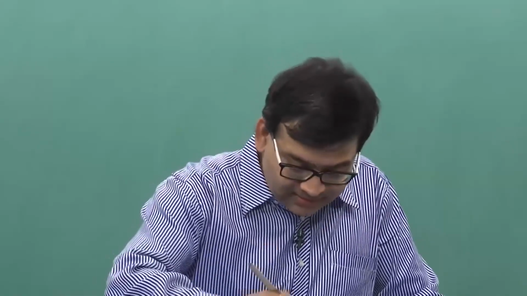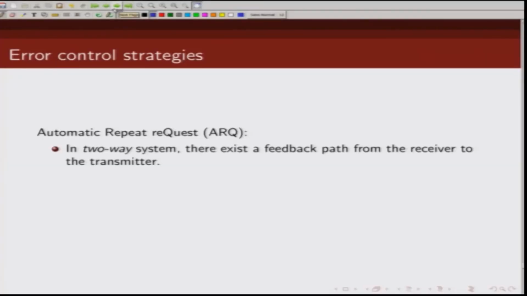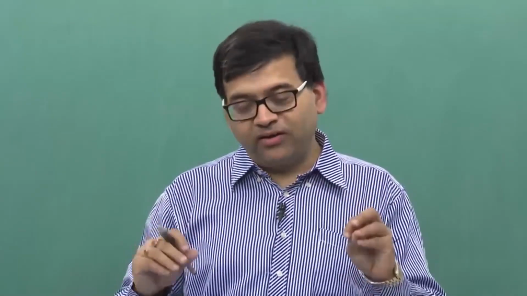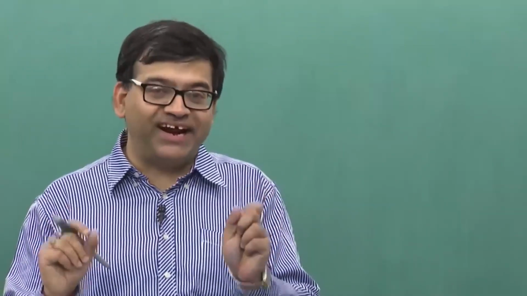Now, in some cases we have a mechanism of feedback from the receiver back to the transmitter. In those cases where there exists a feedback from the receiver to transmitter, we call these systems two way systems. For these systems, the error correcting strategy which is used is what is known as automatic repeat request. Now, how does this work? You initially send some coded packets where you just use parity bits for error detection.